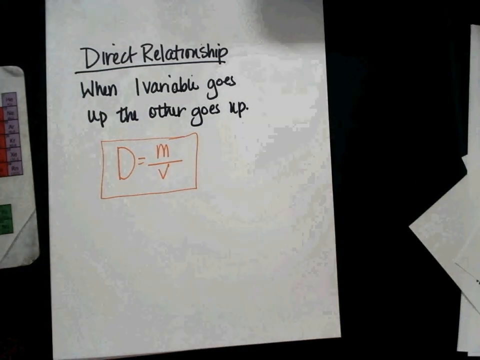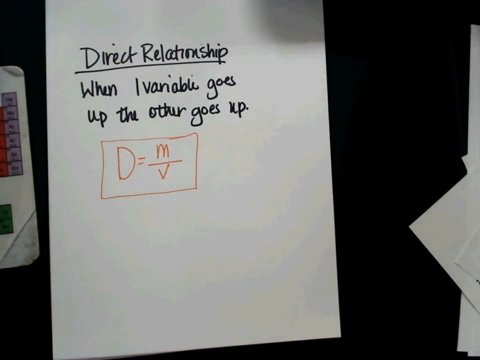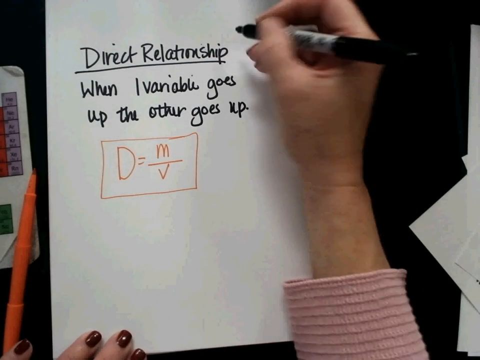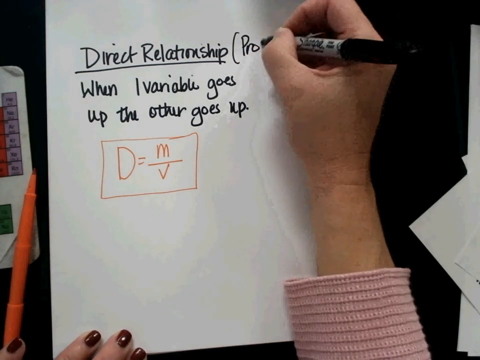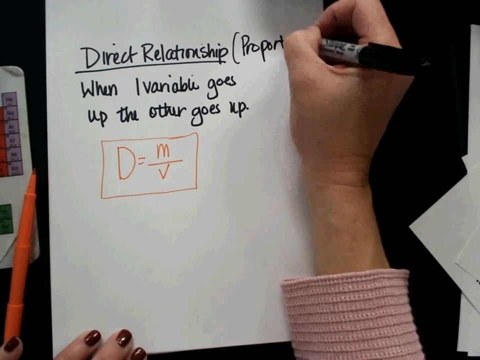I want you all by yourself to think about this for a minute and see if you can tell me the two variables in that formula that are directly related, or directly proportional is another way it would be said. Just so that doesn't confuse you.